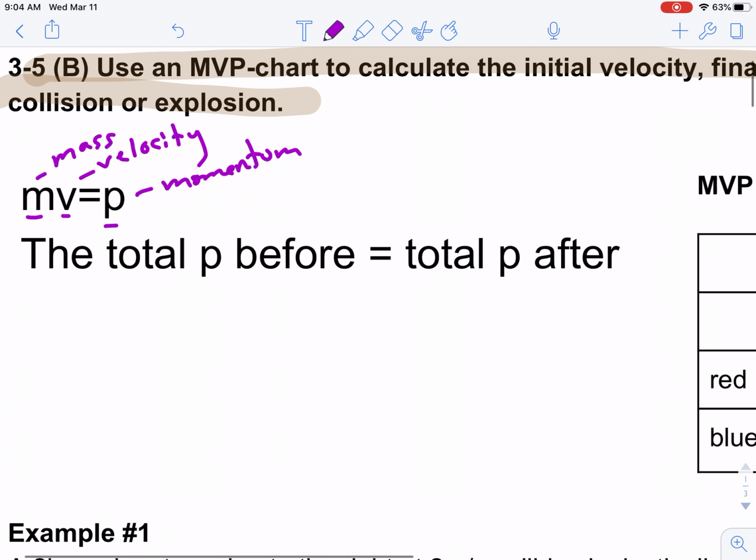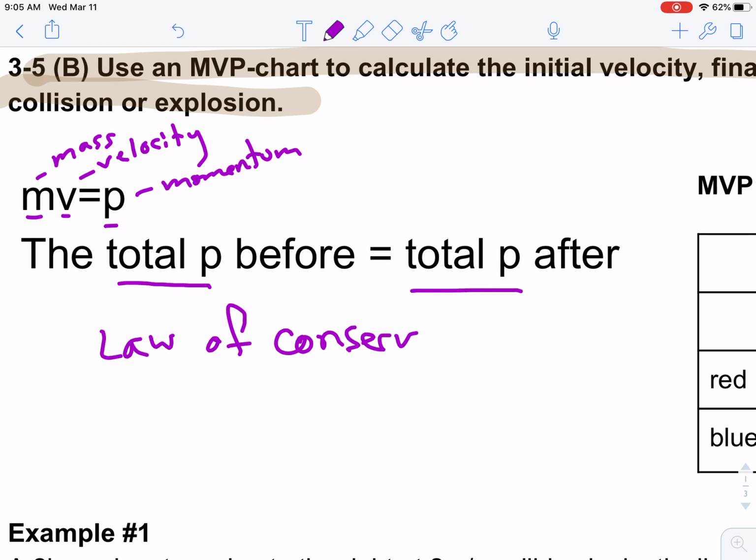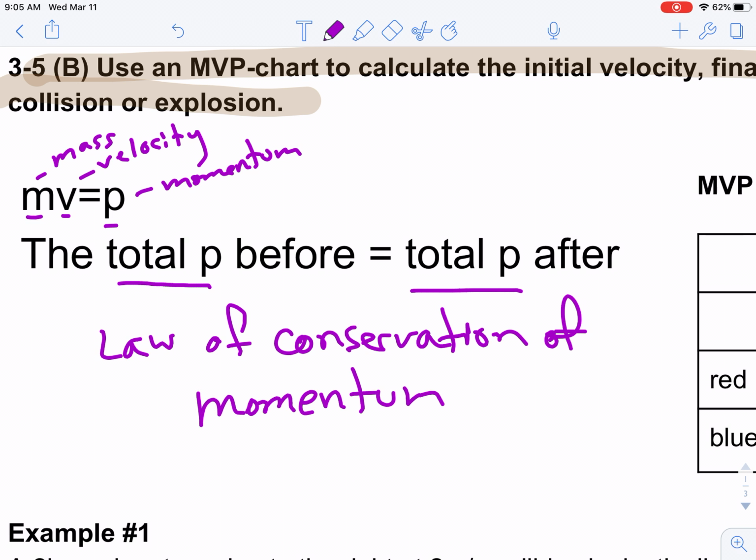The total momentum before a collision will equal the total momentum after a collision. This is the law of conservation of momentum. And this law really allows us to solve these problems.